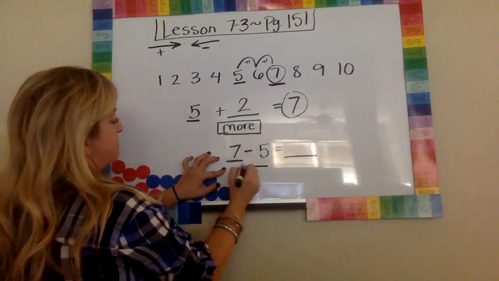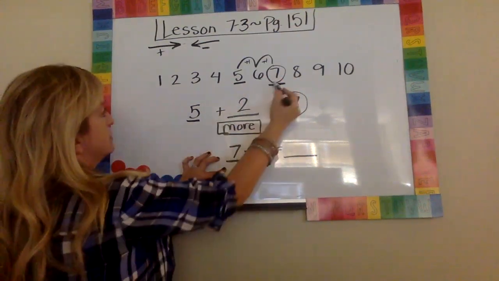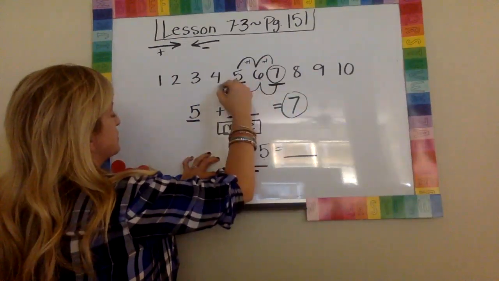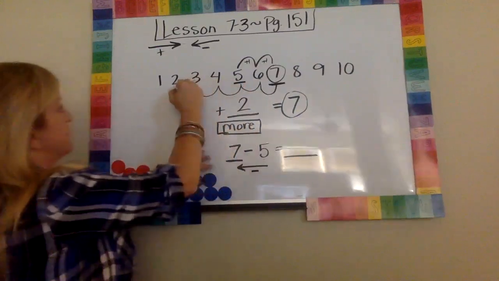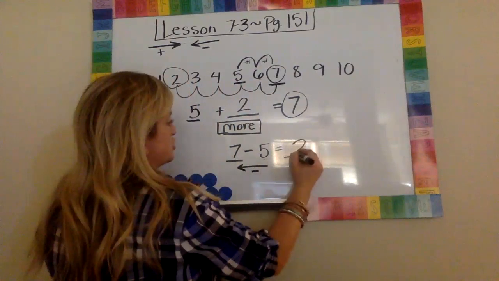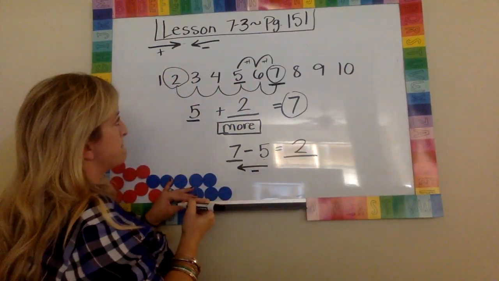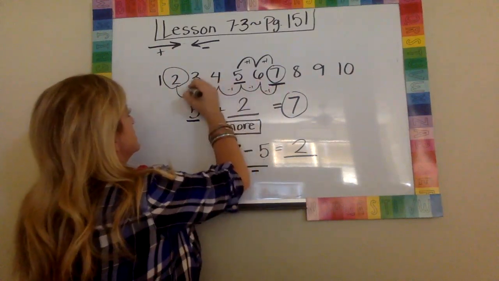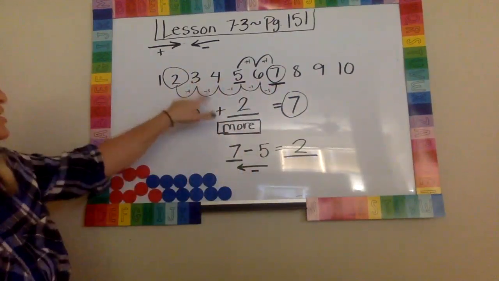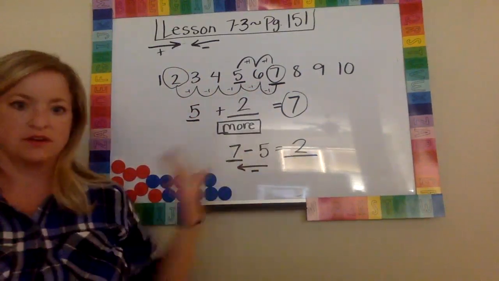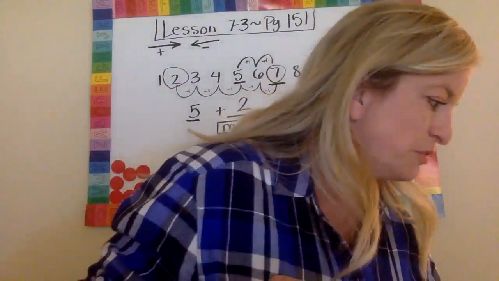I'm jumping this way because I'm subtracting. 1, 2, 3, 4, 5. Circle where I stop, and I'm at 2. I need to label these jumps -1, -1, -1, -1. I did that 5 times. 1, 2, 3, 4, 5, -5. Both work. Isn't this fun? I think this is super fun.